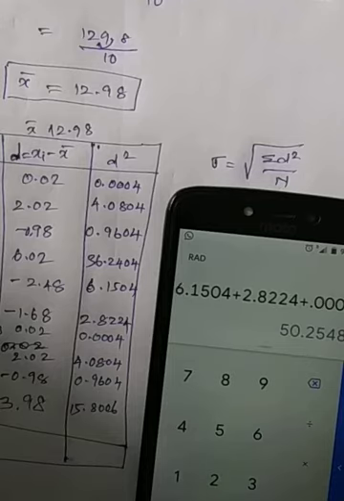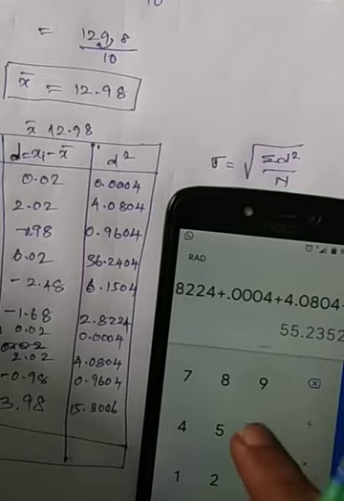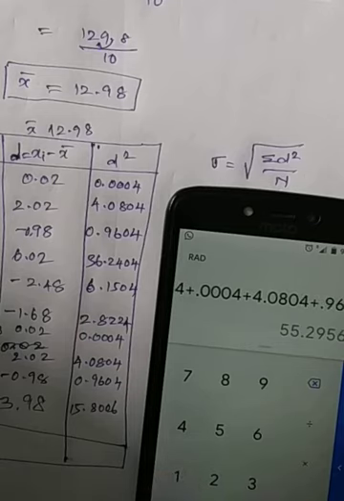Next plus 4.0804. Now next one plus 0.9604 and plus 15.8006 we are getting.